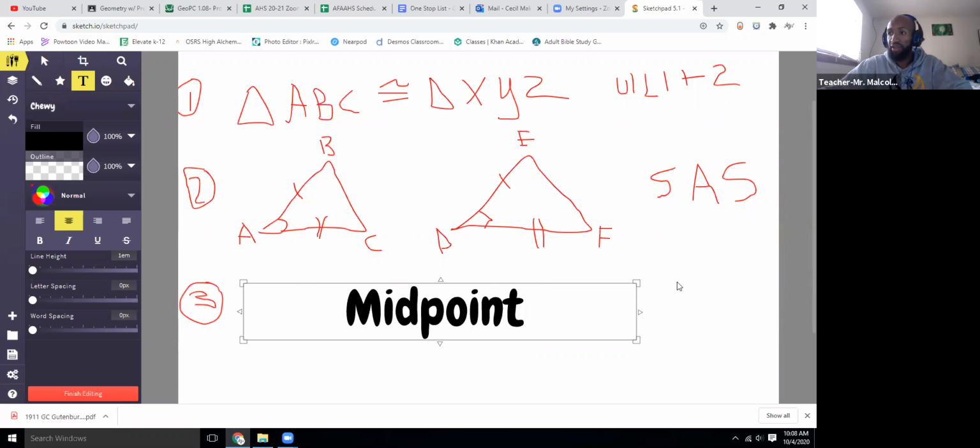Okay, you should have these already, but I'm just highlighting them so that you know exactly what the words are that you should have. And finally, the last two are bisects and vertex, which you should already know.